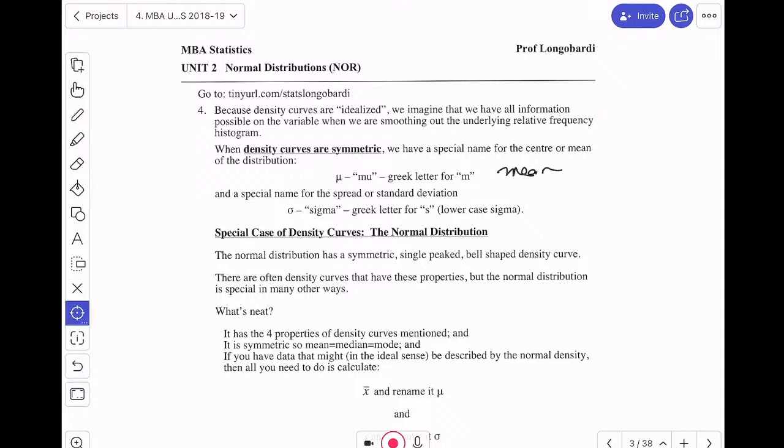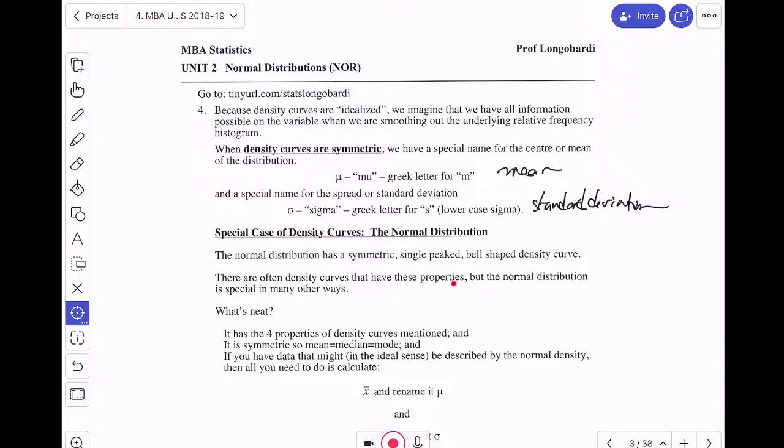And there's a special name for the spread, or the standard deviation. It's sigma, the Greek letter s, for standard deviation. Though these were calculated from a sample, we treat those measures as substitutes for the population mean and standard deviation. So that's why I'm renaming them.